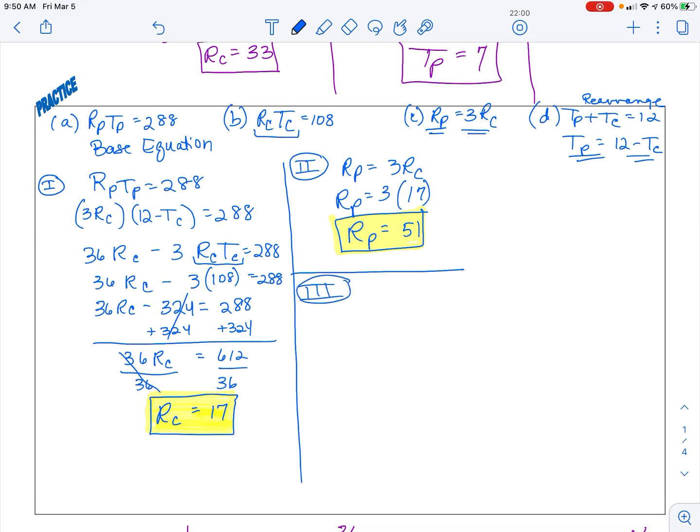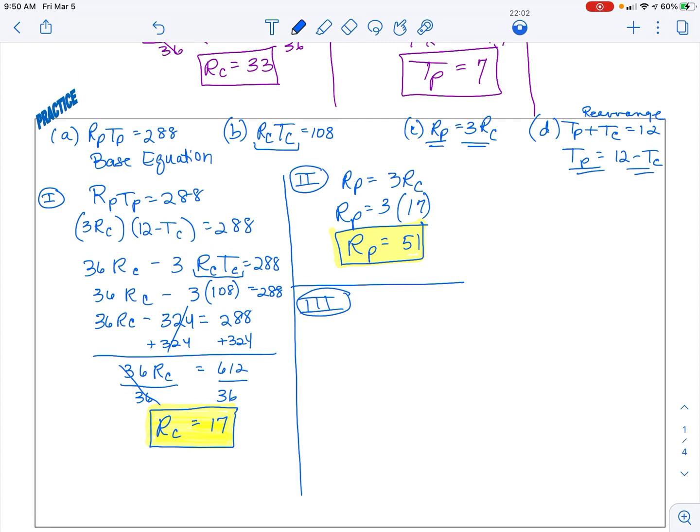Number 3. Okay, now I have a value for RC and for RP.